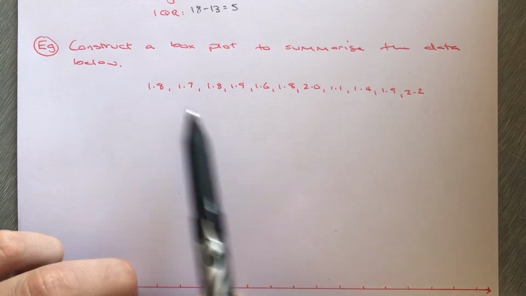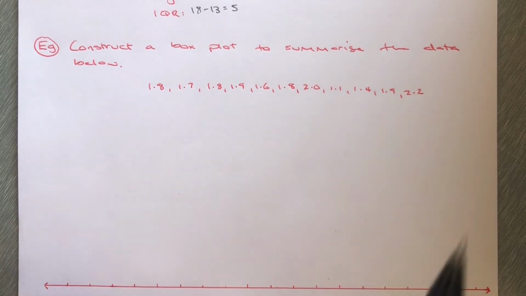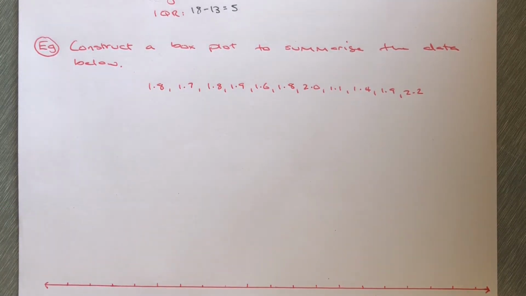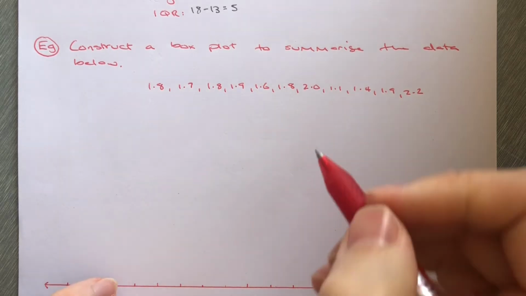All right, so this is the sort of thing you would have seen last lesson. To get that five-figure summary, the first thing we have to do is put it all in order. So let's do that, from lowest to highest.